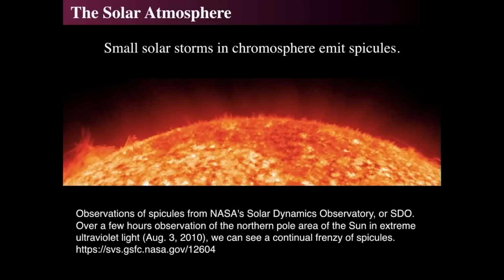And the chromosphere is heated in these spiky storms called spicules, and we see them. These are observed by NASA's Solar Dynamics Observatory, the SDO, and we can see them near the North Pole. SDO gets a full view, and it's looking at ultraviolet, so we can see where the spicules are.